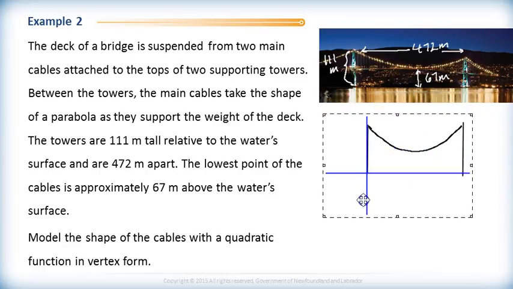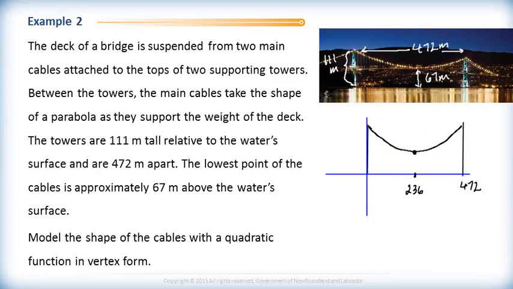But I think I'll go like this, which is the water level. Because the towers are 472 meters apart, I know my vertex is halfway between the towers. So it's 236. I have a height above the water here of 67. So my vertex is at (236, 67).